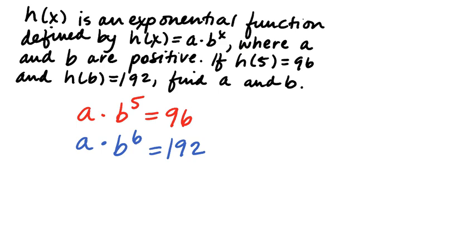Alright, now I feel like there's a couple of ways that you could look at this. Since x increased by 1, that means I just multiplied by b again to get from 96 to 192. And 192 is 2 times 96, so it got bigger by 2. So I'm expecting b to come back 2. And then we'd have to do a little more work to find a.